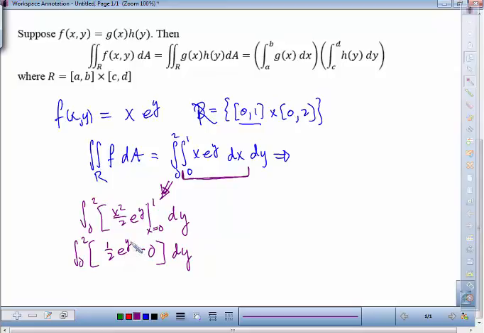The integral of e to the y is just e to the y, and now you've got the 1/2. Put 2 in there, e squared, and put 0 in there, you get e to the 0, which is equal to 1. And so this is your result.